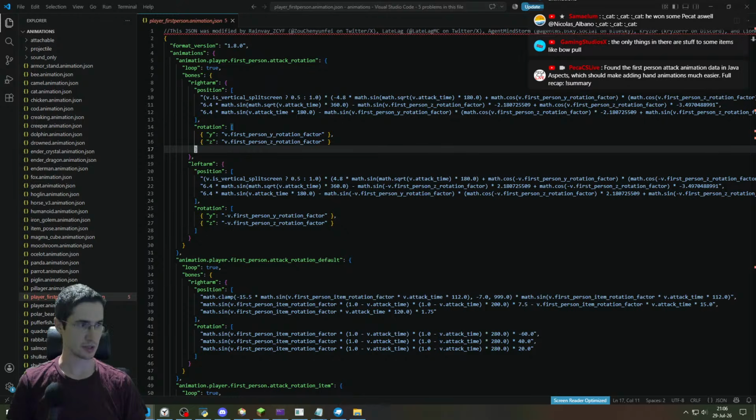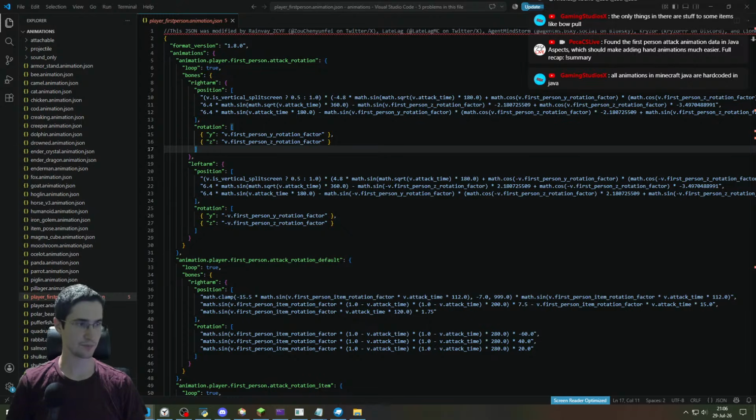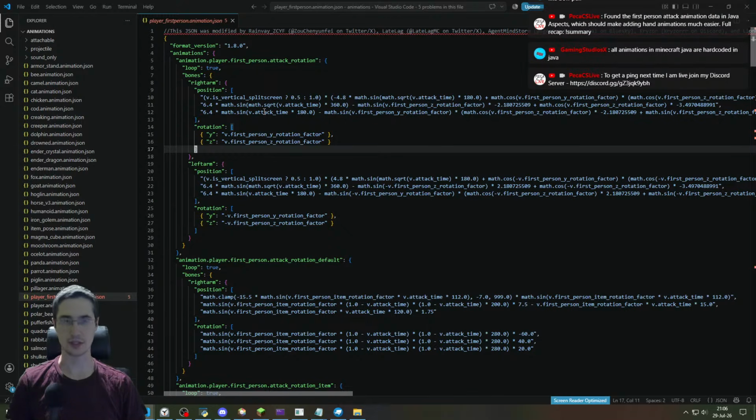Found first-person animation data in Java aspects, which only has stuff for some items like bob. All animations in Minecraft Java are hard-coded in Java. We'll hard-code them as well, but at least it's something. Let's see if it's actually helpful for us, chat.